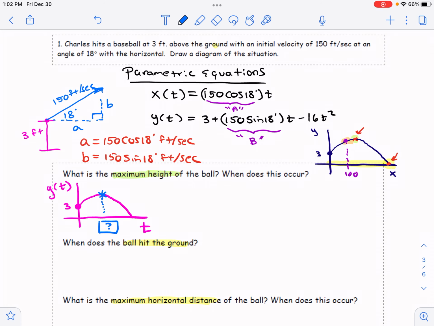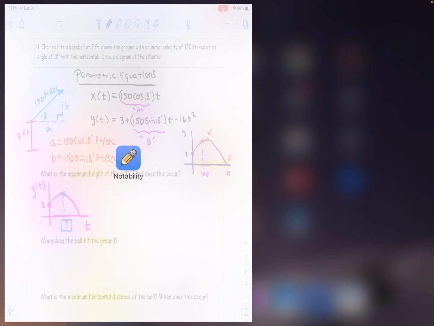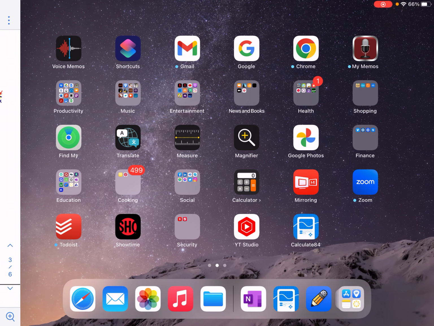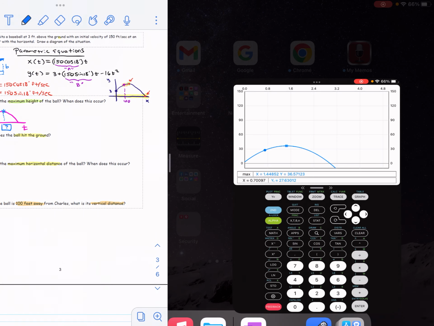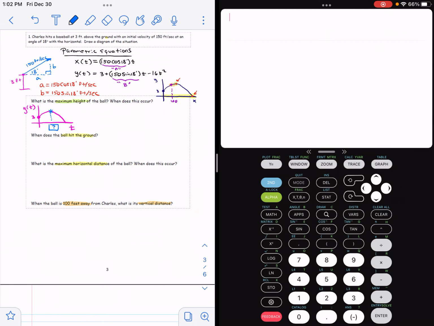All right, so split the screen here, look at our calculator. Okay, so first thing I like to do is I like to store 150 cosine 18. Again, just note we're in degrees. 150 cosine of 18 degrees. I like to store that as A. And 150 sine of 18 degrees.